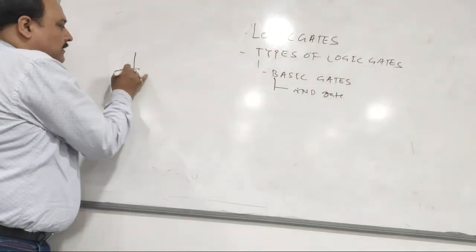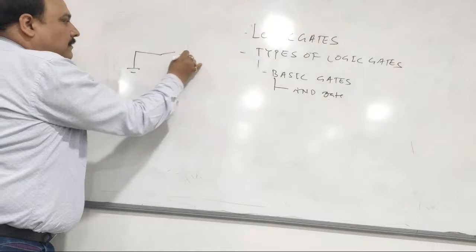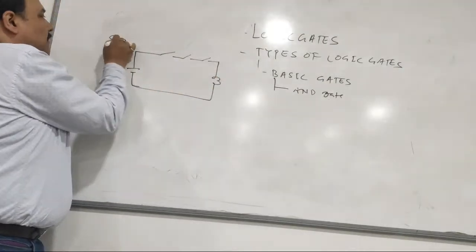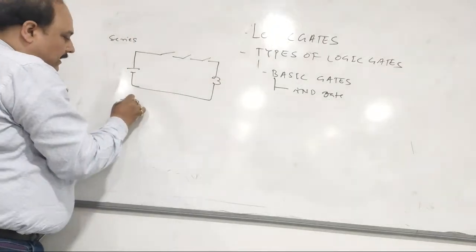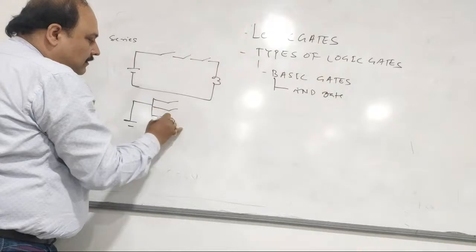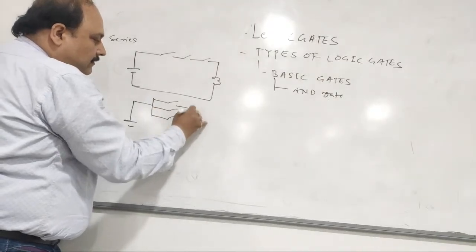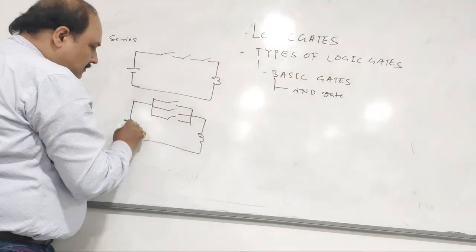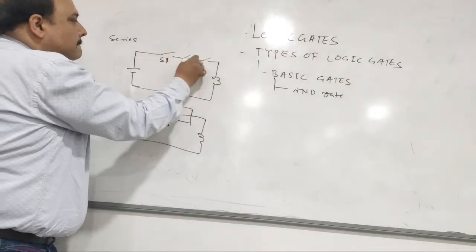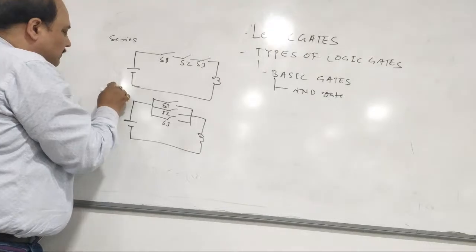One way is where we arrange the current flow in series, and the other way is where we arrange the current in parallel. There are 3 switches. This one is the parallel.